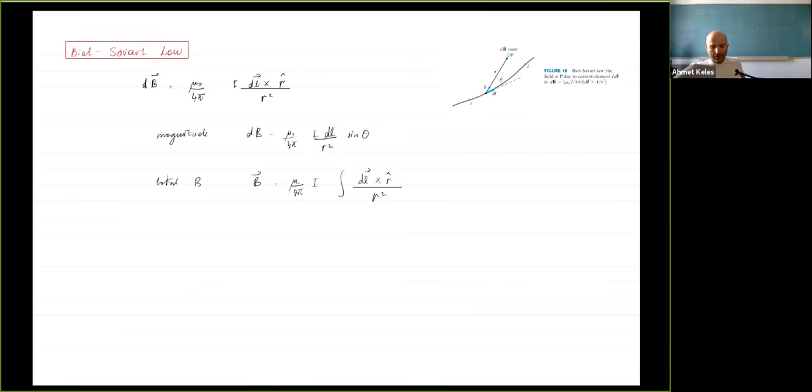If you have two wires with current, they interact through the magnetic fields that they generate. And next we said there is a nice mathematical structure very similar to Gauss's law, called Ampere's law, and it's useful.